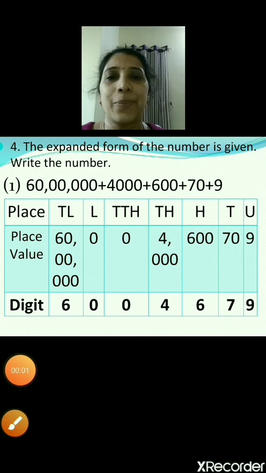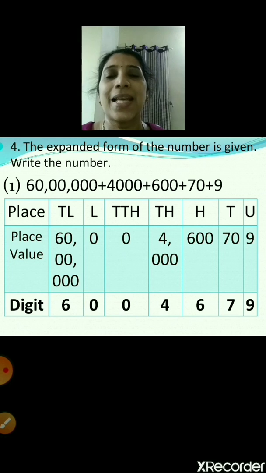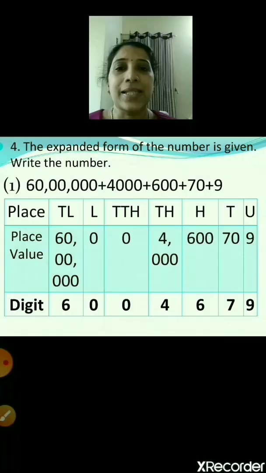The next number is 4 followed by 3 zeros. First 0 in the units place, second 0 in the tens place, third 0 in the hundreds place, and the digit 4 in the thousands place. So the place value of 4000 will be under the thousands place. Next number, children, 600, in the hundreds place.